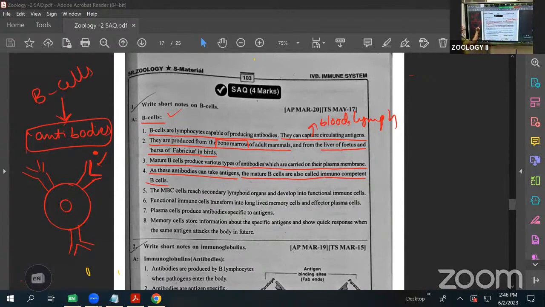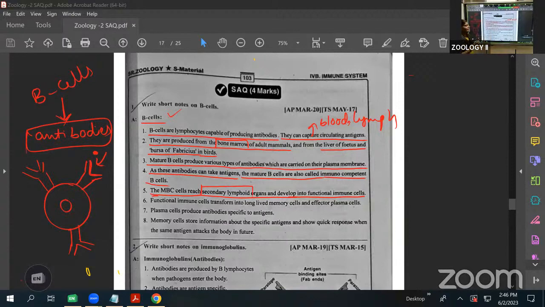The mature B cells, or MBC, reach the secondary lymphoid organs and develop into functional immune cells. Normally the mature B cells are present in the circulation. They enter the secondary lymphoid organs, meaning the lymph nodes and the thymus gland.